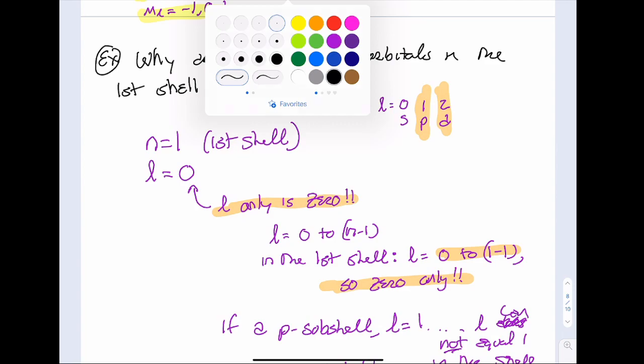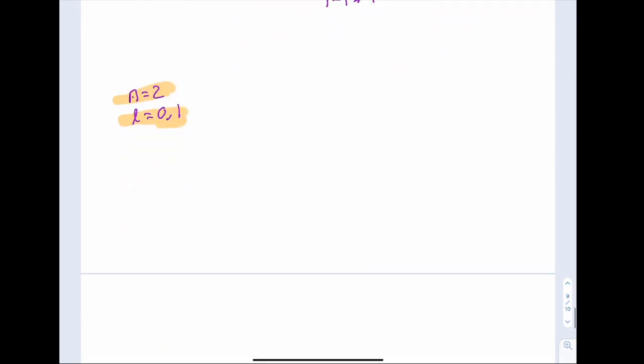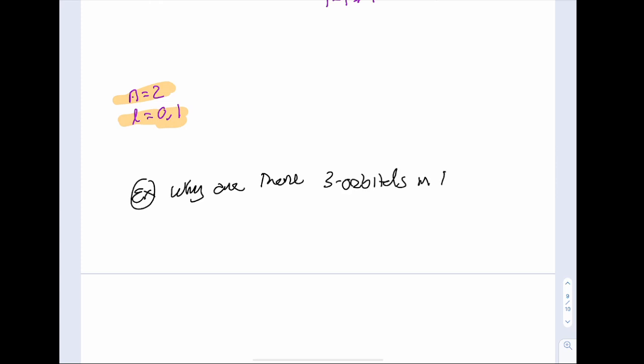Another type of question I like to ask: why are there 3 orbitals in the p subshell? Remember, the number of orbitals has to do with my number of values for m sub l. If I'm in the p subshell, l is equal to 1.